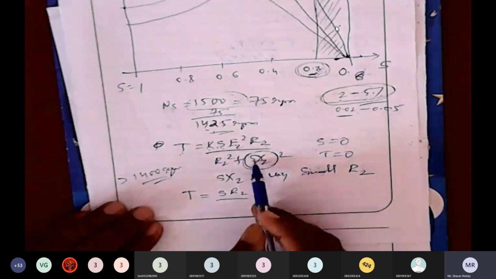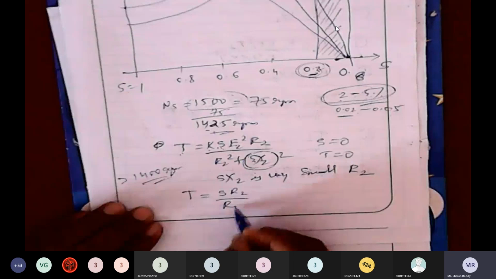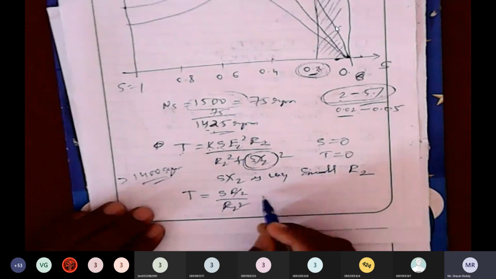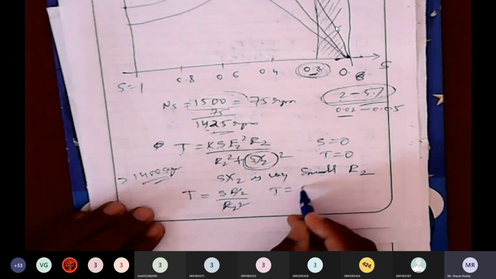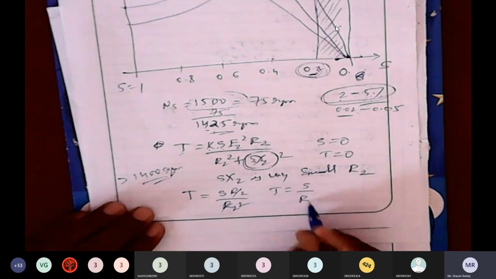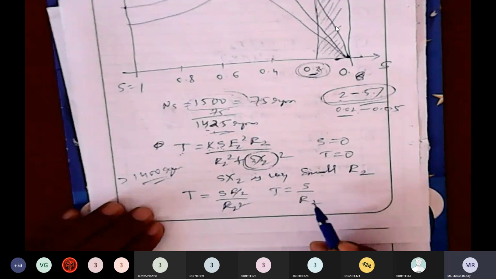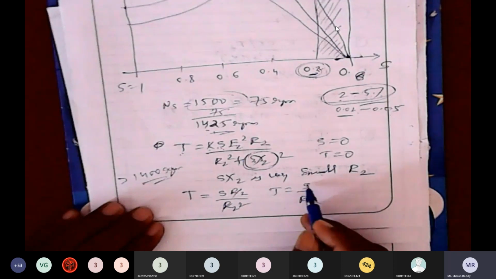So R2 cancels. Torque is equal to slip divided by R2, and slip is almost negligible in this case.